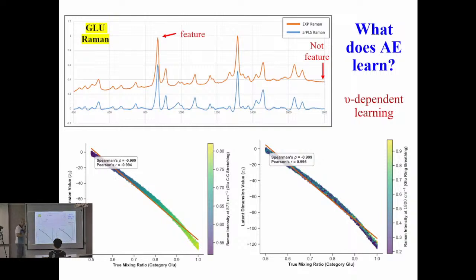Okay, so we take all the data on the reduced dimension and we plot one of the dimensions with respect to the ratio of the binary combination, because all the data are binary ratios. So this axis is the ratio of the glutamic acid, and this is one of the dimensions. And if you plot them together, this is linear.